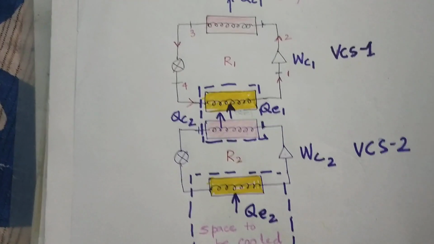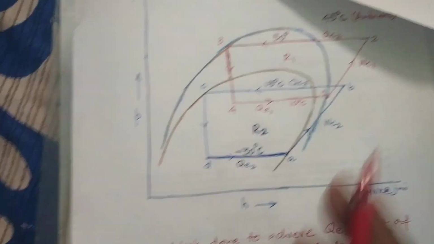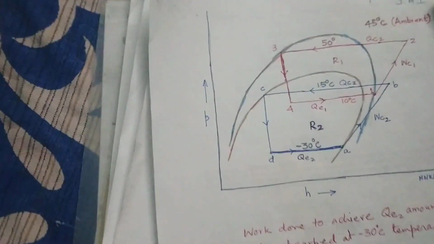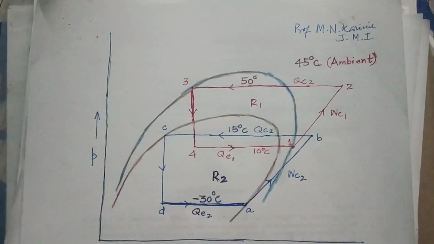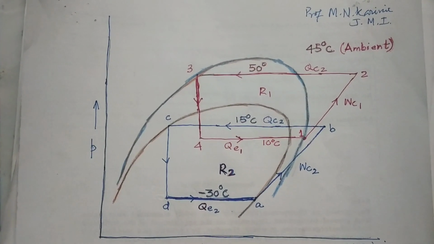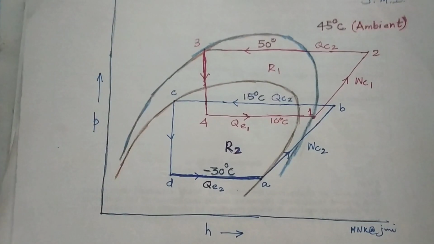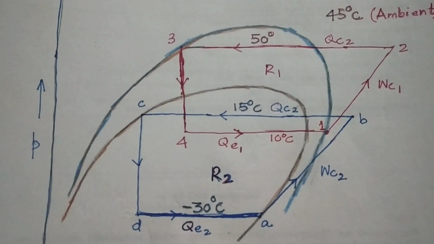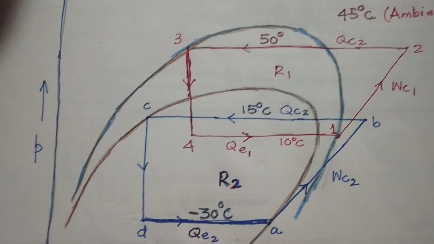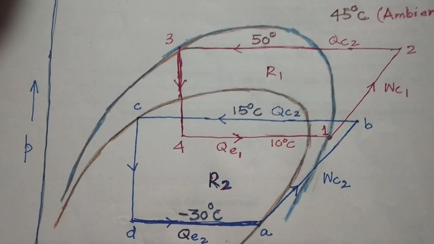Now let us understand this once again with the help of the pressure enthalpy chart. To make it very clear to you, we have refrigerants which have different characteristics. Each refrigerant has its own characteristics, and therefore it will have its own curve.